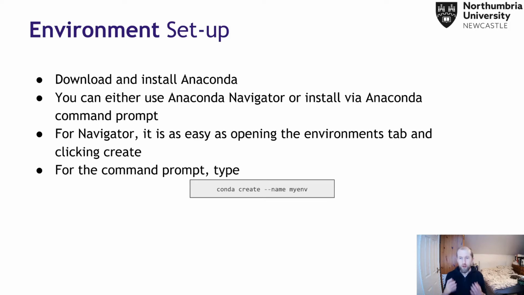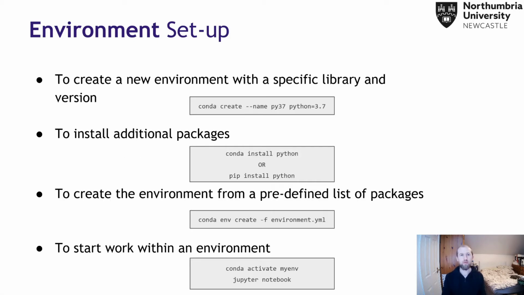I'm going to talk you through exactly how you do this later on in the video, but for now, just know that you need this conda create --name my_env, or whatever you want to name it. It's as simple as that. If you're wanting to do something from a command prompt, it's even easier to do it through the Navigator.